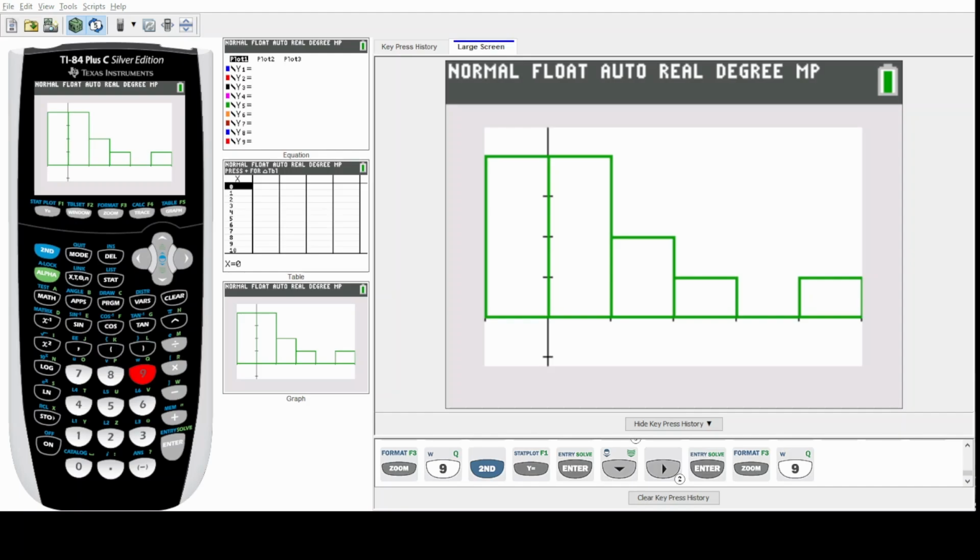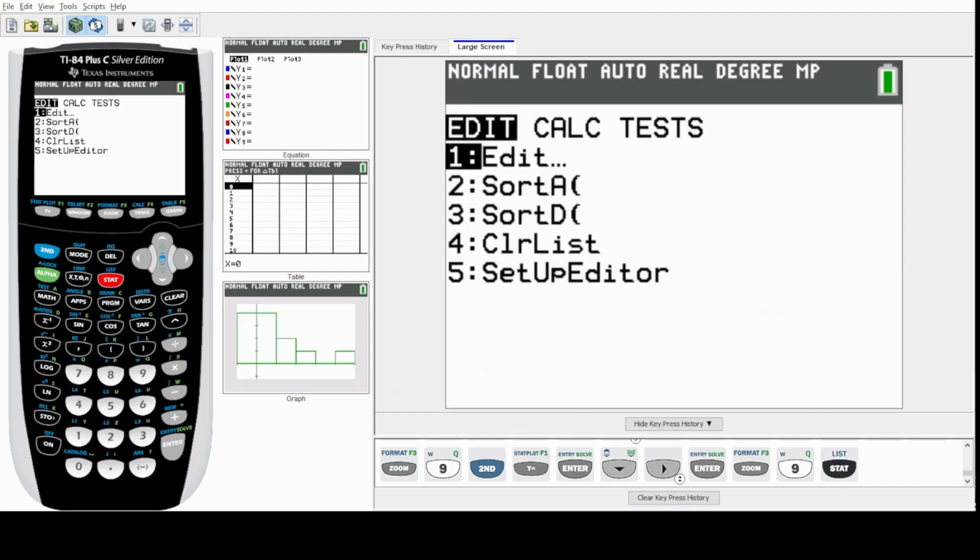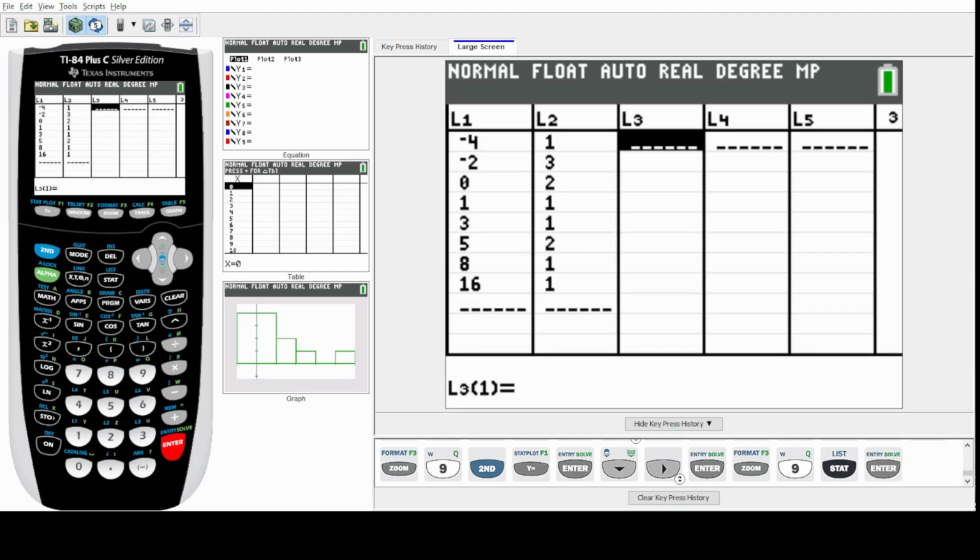Now, what this also allows us to do fairly easily is get the cumulative frequency for this data. Okay, so if I come back into stat, edit, now I want here in L3 the cumulative sum of L2. So basically corresponding with each element of L1, it's going to tell me how many values are less than or equal to that.